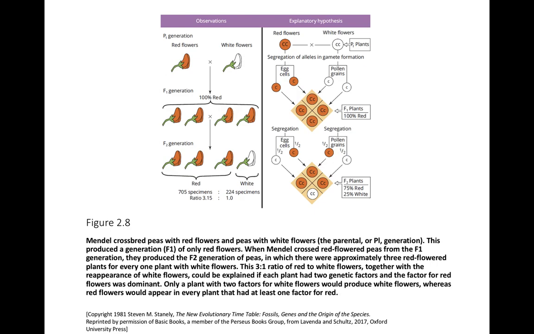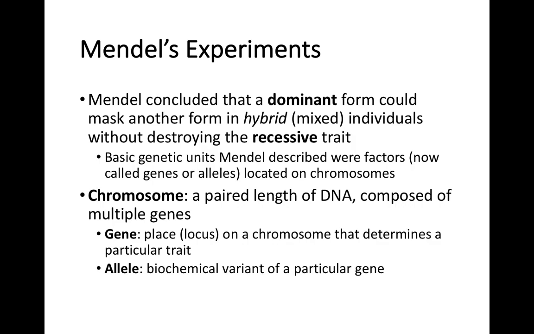This explanatory hypothesis is where we talked about Punnett squares when we were in high school biology. Mendel concluded that dominant forms could mask recessive forms in these hybrid heterozygote individuals without destroying the recessive trait.